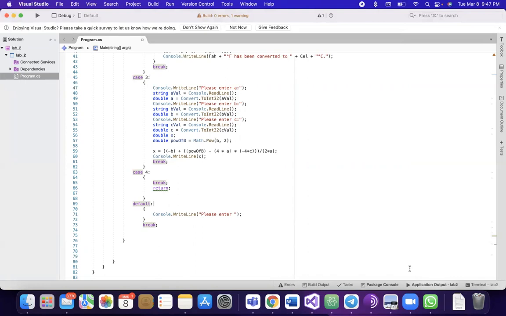Okay, so what I was talking about is for the default case that we should create a do while loop so that it loops back to the beginning when the user enters anything other than the 4 options that we gave them.